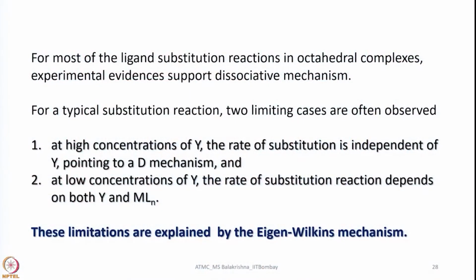For most of the ligand substitution reactions in octahedral complexes, the experimental evidence also supports the dissociative mechanism. That means for a typical substitution reaction, 2 limiting cases are observed. At higher concentration of Y, the rate of substitution is independent of Y, pointing to a D mechanism.